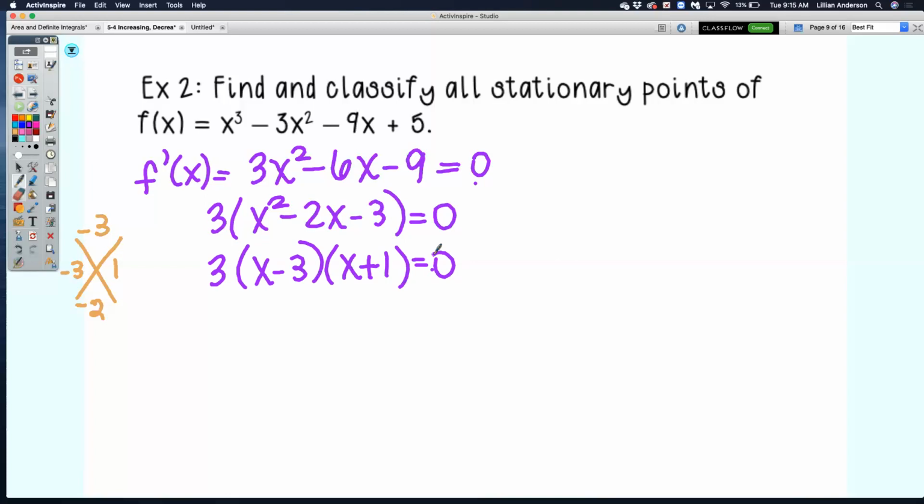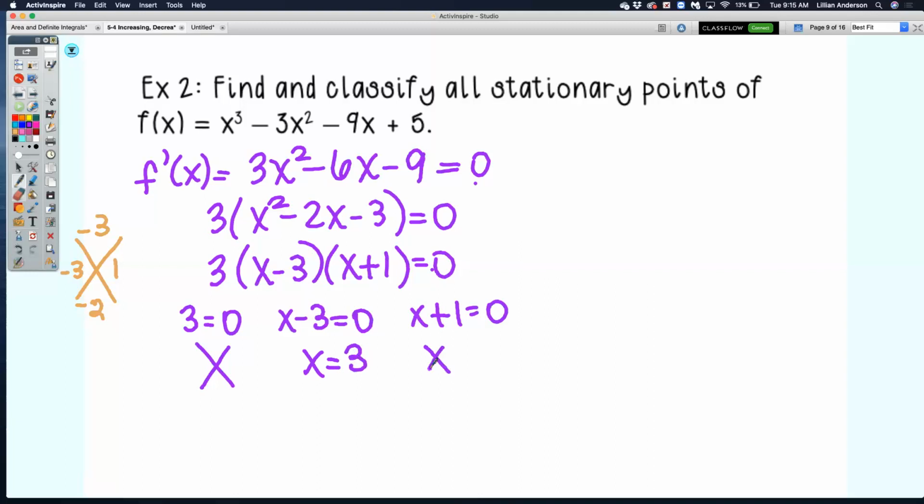Then I'll set each of my factors equal to 0. As we know, 3 equals 0 is nothing. But over here, x will equal 3, and x will equal -1.